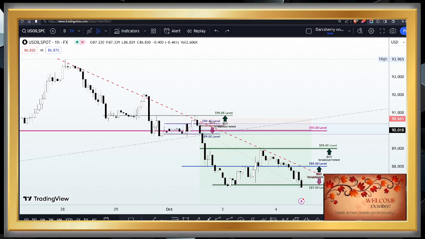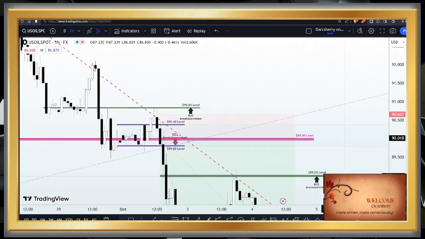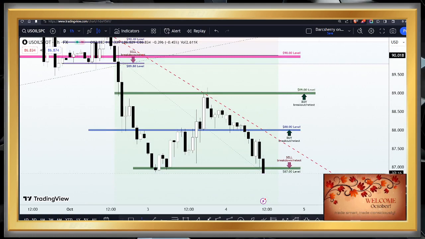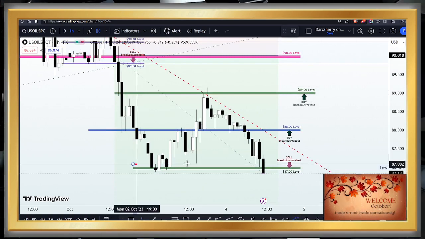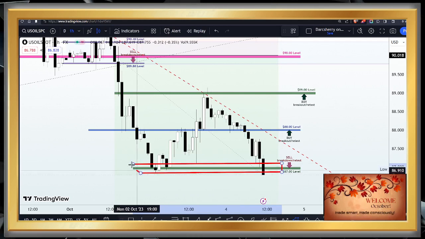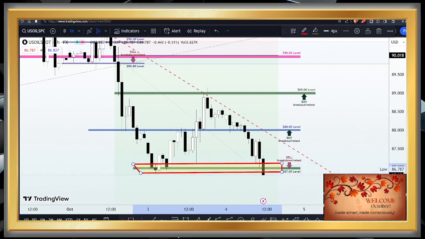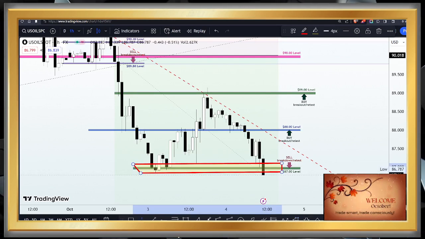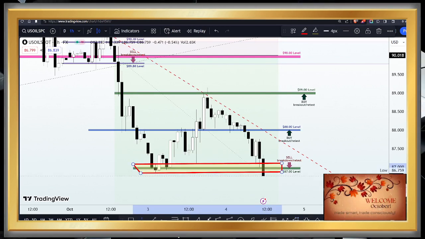Now, if we look at things from a technical standpoint here, in the last 24 hours, we saw how the $87 area had played a major role in negating all attempts by the sellers to break through that area. In fact, we began to think that buyers may likely be taking over this market to break out of that descending trend line.